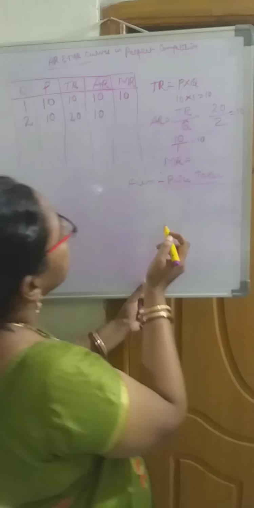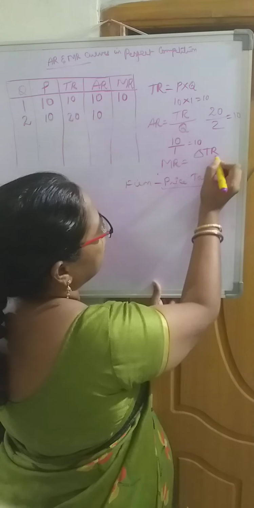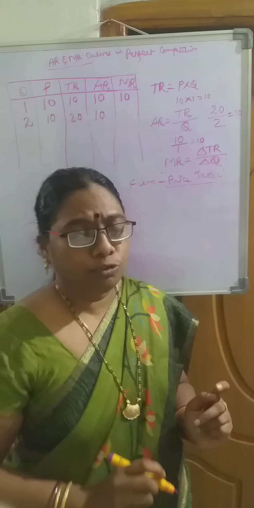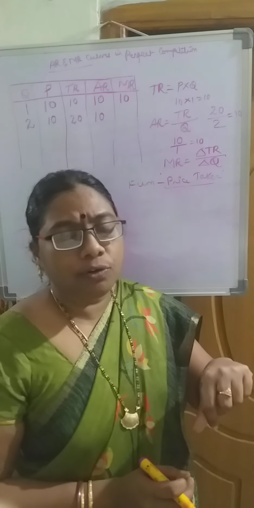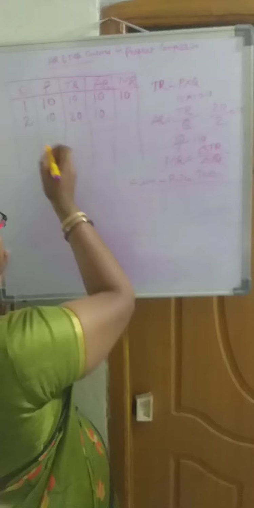And MR is delta TR by delta Q. This is the formula for MR: the change in total revenue by the change in quantity sold.